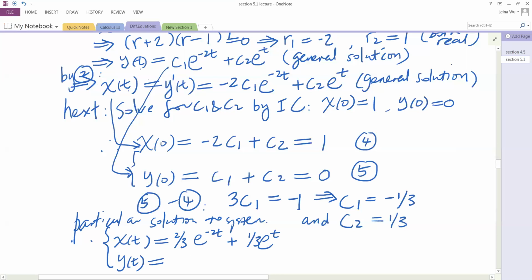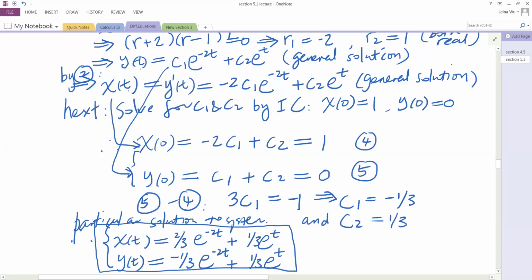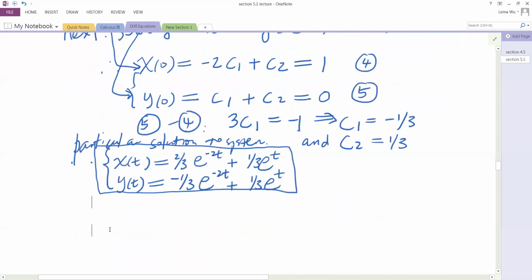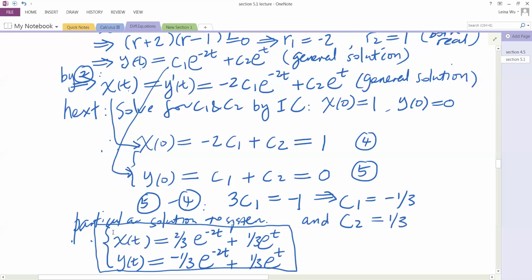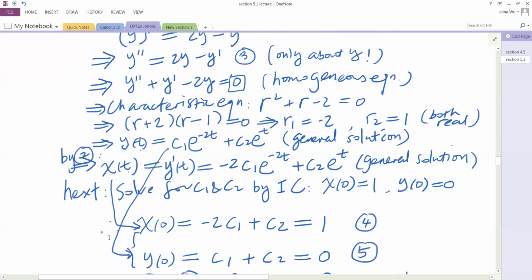The second unknown, y of t, equals c1, which is negative 1/3 e to the negative 2t, plus c2, 1/3 e to the t. That should be the solution to this initial value problem. Any thoughts? Any questions?